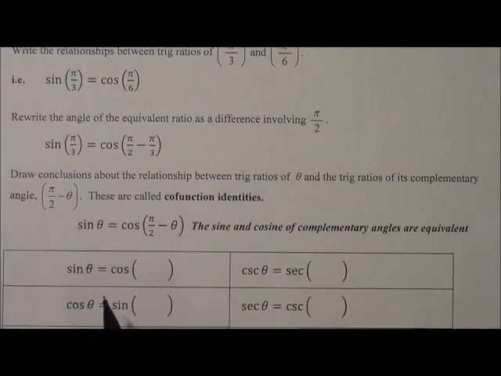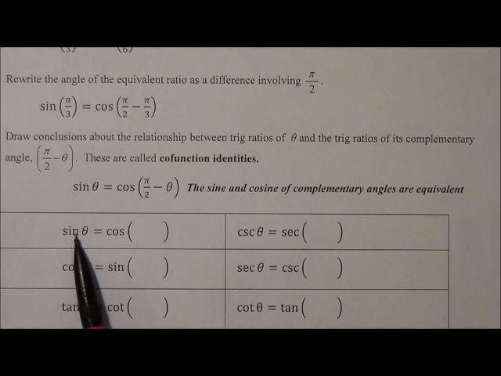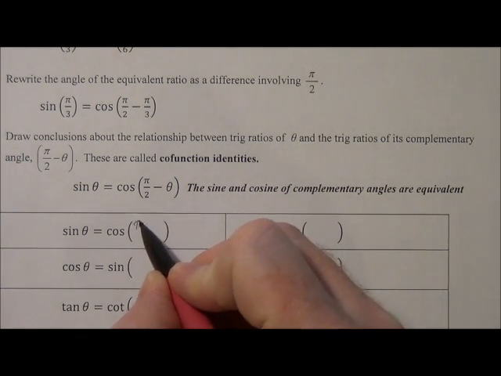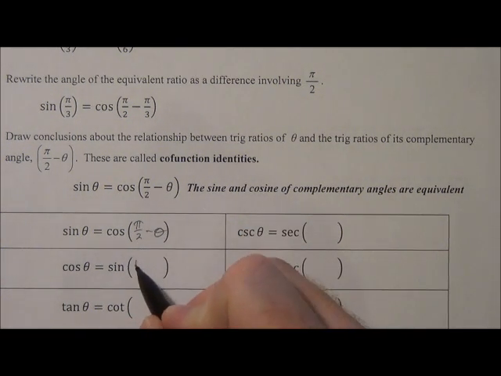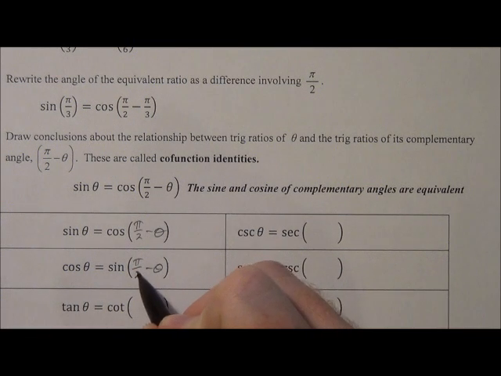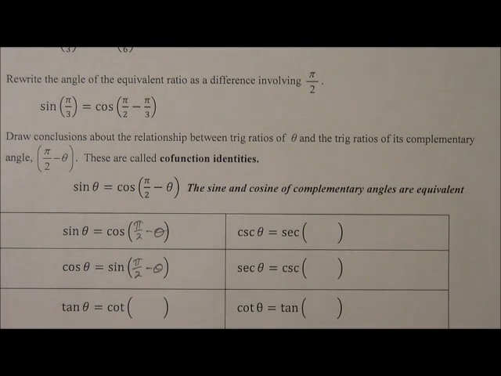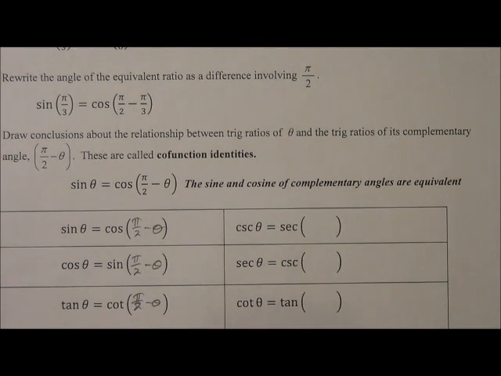Therefore, if we take a look at this table, sine theta is the same as cosine of pi by 2 minus theta. Cosine theta is also sine of pi by 2 minus theta. And as it turns out, instead of another primary trig ratio, tan theta is equal to the cotangent of pi by 2 minus theta, as you saw in that original table on the other page.